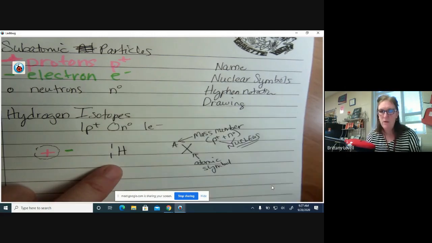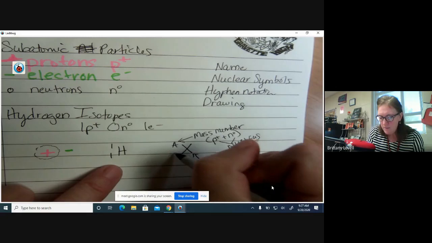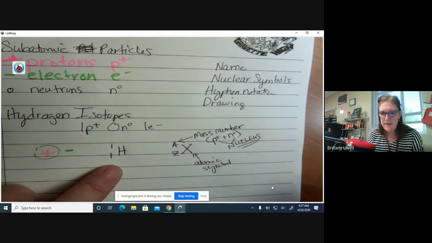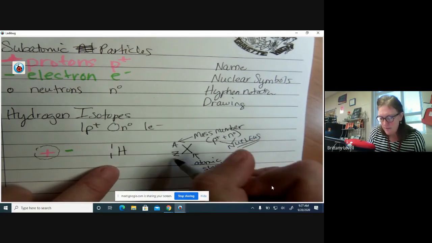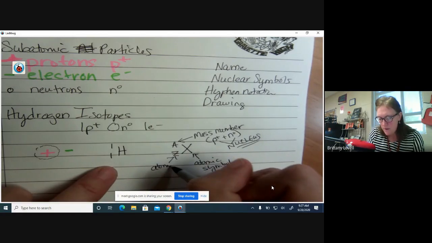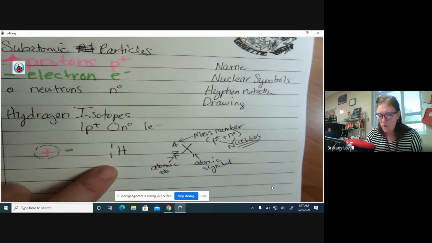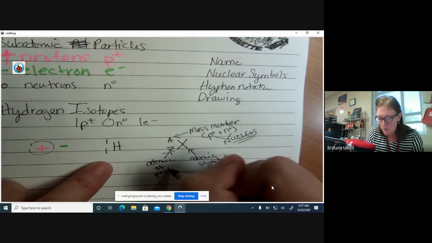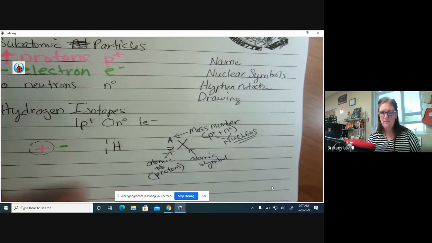It's all the particles from the nucleus. It's protons and neutrons. And then on the bottom here, we label that as Z. Z is your atomic number, or in other words, your protons. This is your protons.